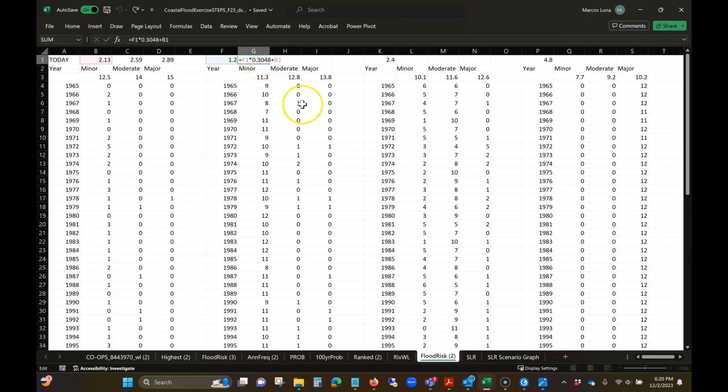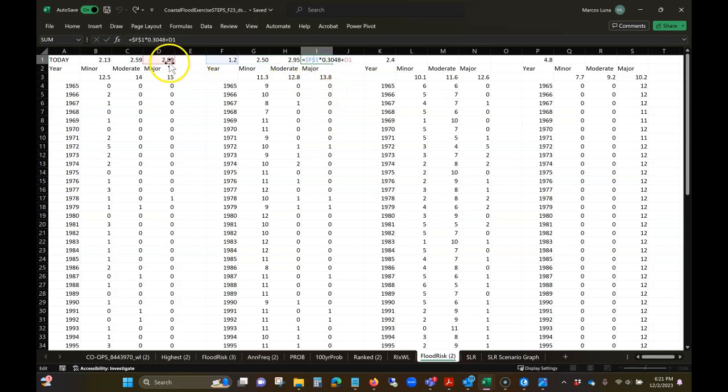In order to carry that forward, I want to hold this part of the equation steady, so I'm going to put that in dollar signs. And in addition, I want to hold the other one, so that's the only change right there, right? So when I bring this across, it's going to add the sea level rise to the water height.